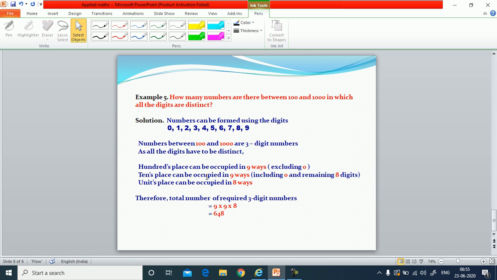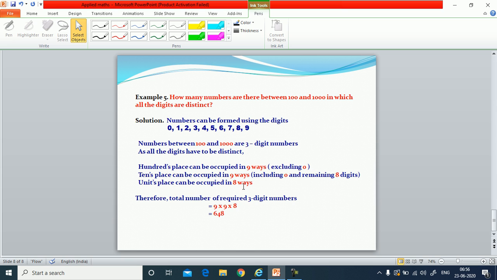Now coming to tens place. In tens place now one digit has already occupied this place. So forget about that. Now see how many digits are left. 0 is left and out of these 9, 8 digits are also left. So 0 and those 8. That also comes out to be 9. So for tens place also we have got 9 ways in which it can be occupied. Now two digits have already occupied hundreds and tens place. So out of these 10 digits only 8 are left.